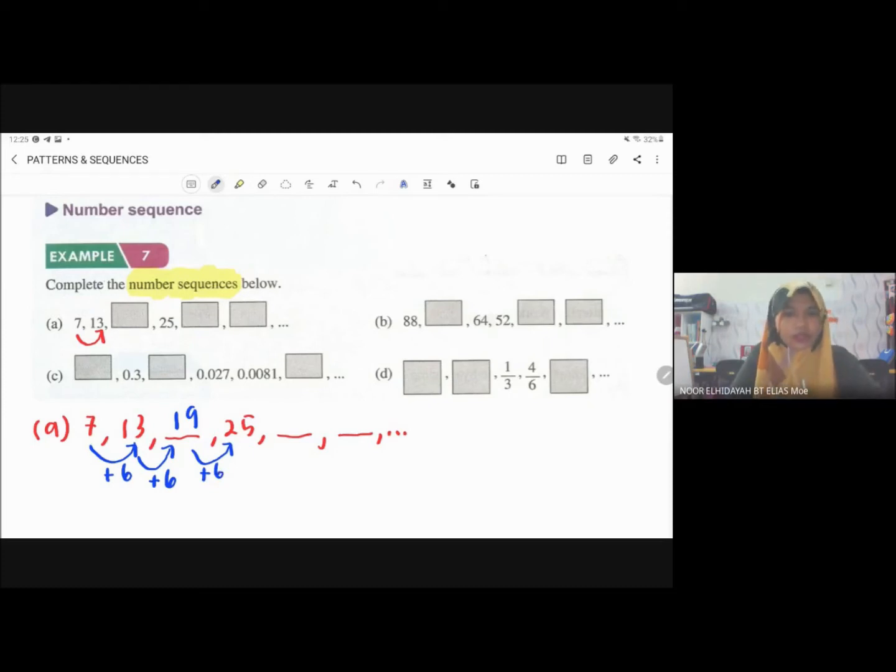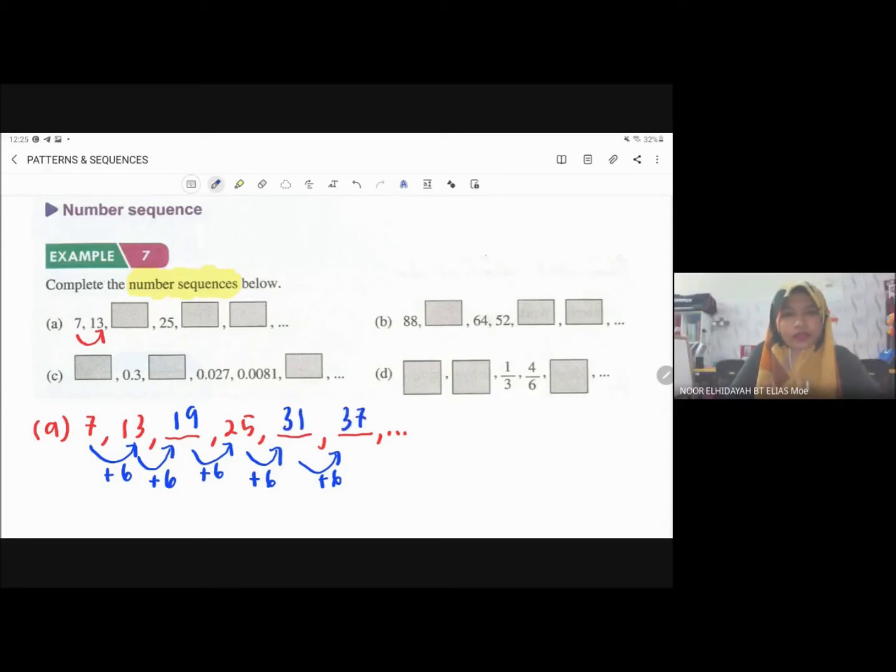Yes, you get the answer. 19 plus 6 is 25, and then you continue with the same pattern, adding 6. So 25 plus 6 is 31, 31 plus 6 is 37.